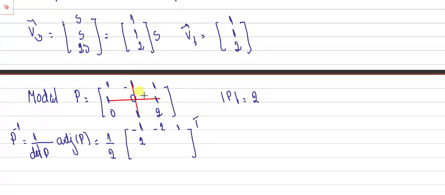Column 2, 2, 2 is plus, is 2. So I write 2. And the next column, column 3. Column 3 is 2. 2, 3 is minus.